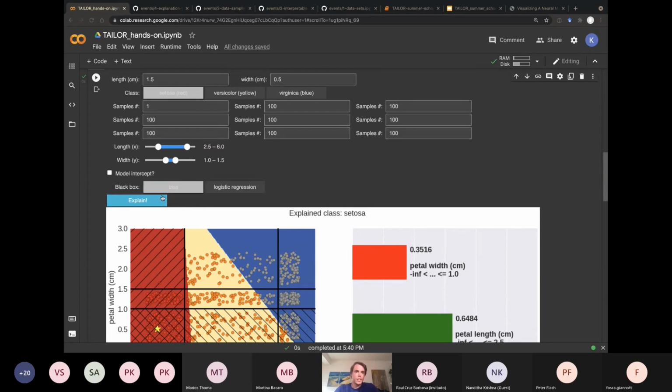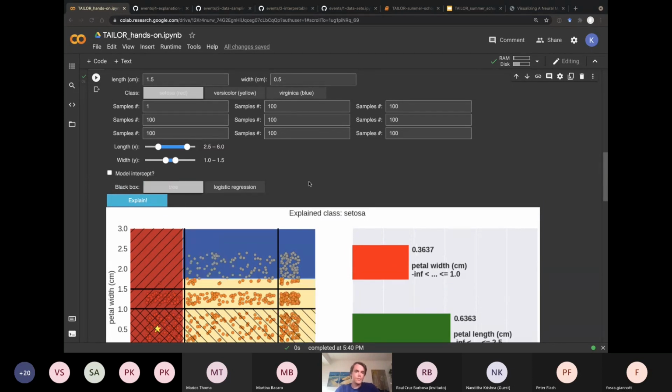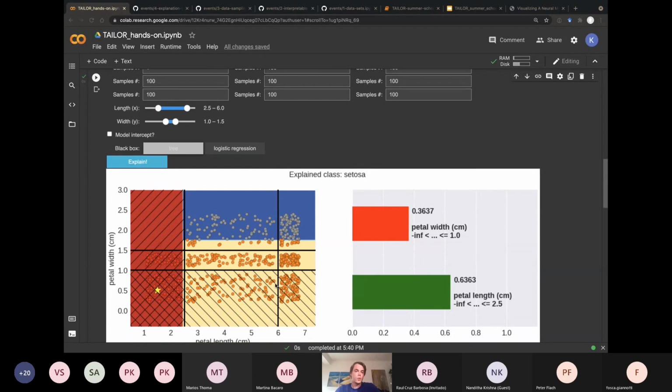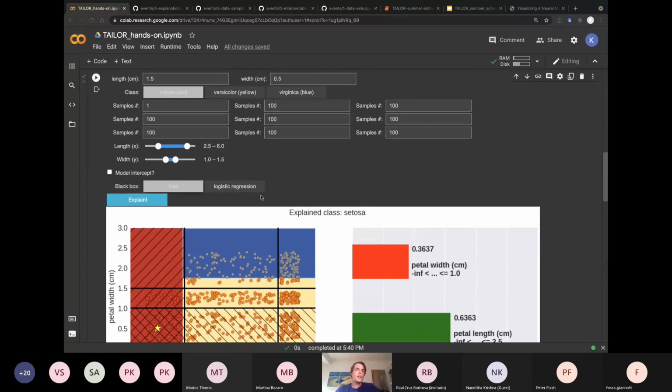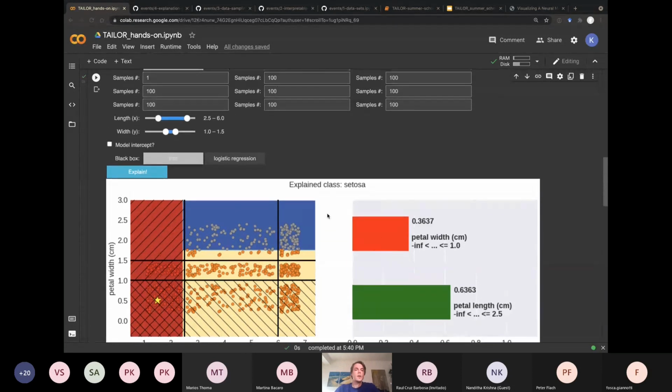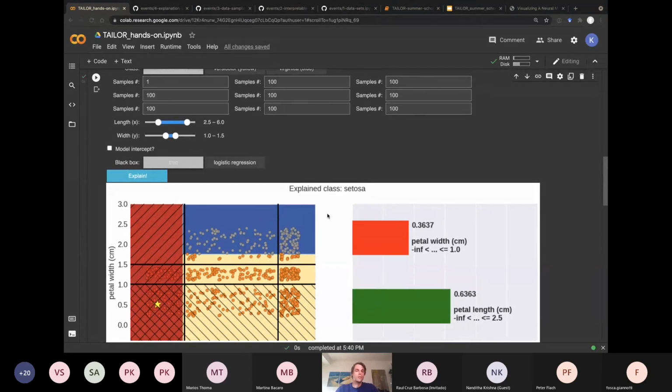So the idea here is to play around with your discretization, so the two splits on X and Y, as well as the number of instances, to try and get as disparate explanations as possible, which should give you some sort of intuition, first of all, how surrogate explainers for tabular data work, but also should convince you that you can manipulate the explanation so that you get whatever you want out of it.